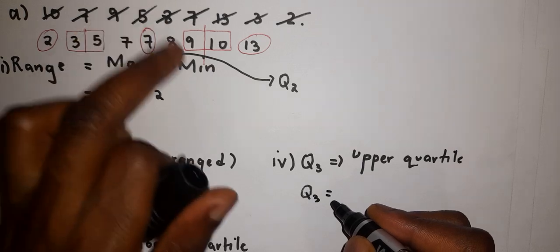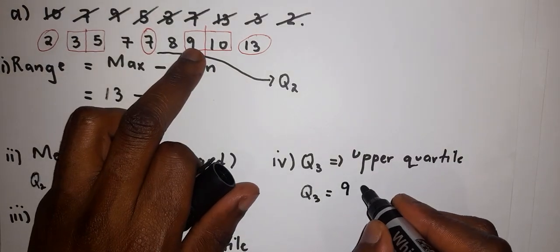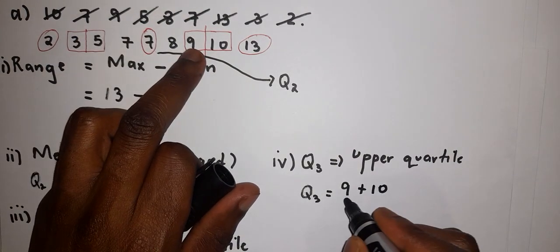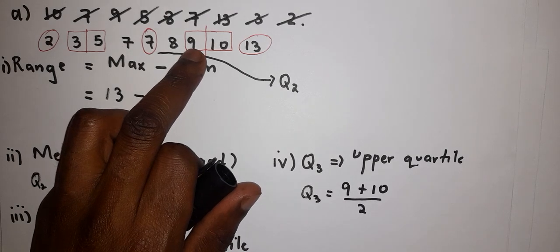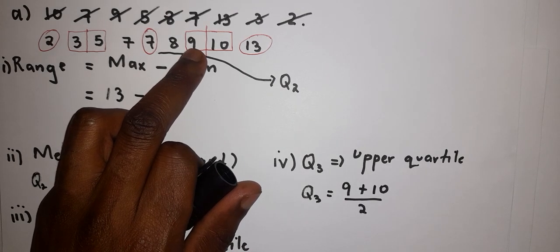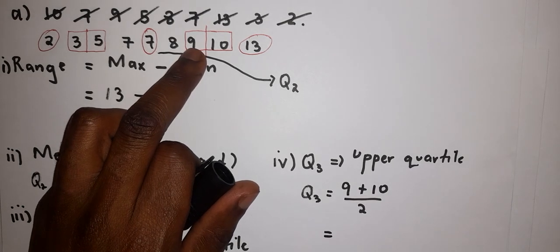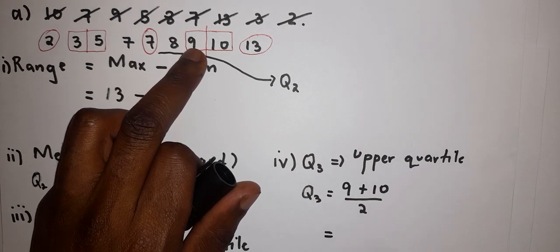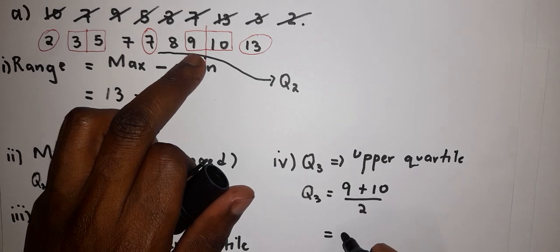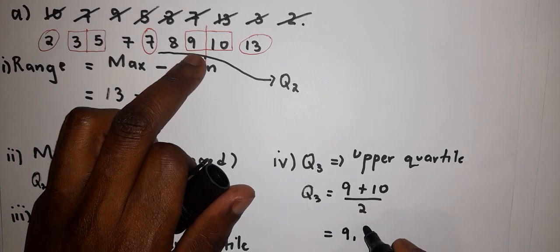We have the two values right here, which is 9 plus 10 divided by 2. 9 plus 10, you get 19, grade 10s. Then 19 divided by 2, you get 9.5.